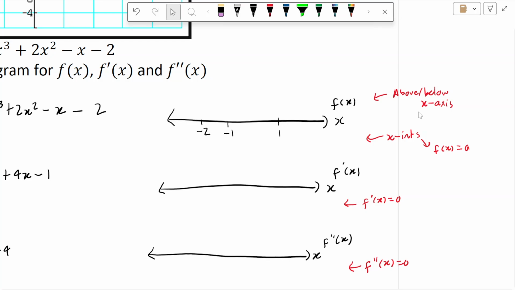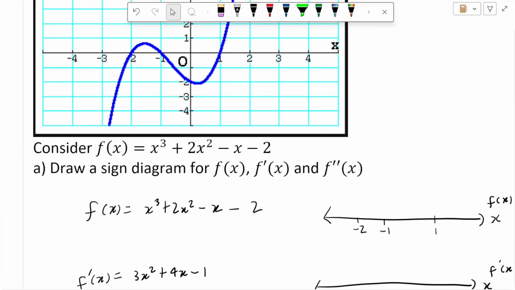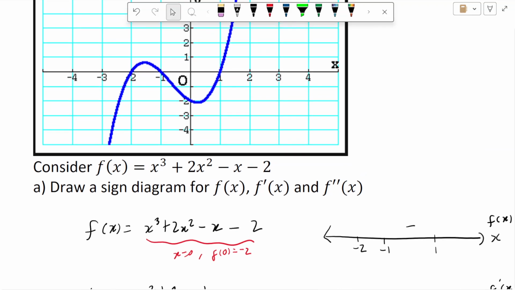So now we need to figure out if it's above or below the x-axis. I'll remind you that you can pick a number like, let's say 0 is in this range, sub it in there for x equals 0, you would get f of 0 being minus 2, and that would tell us that this would have to be a minus sign up here. But what you're probably more likely to do is look here, in between minus 1 and 1, the whole function is underneath.